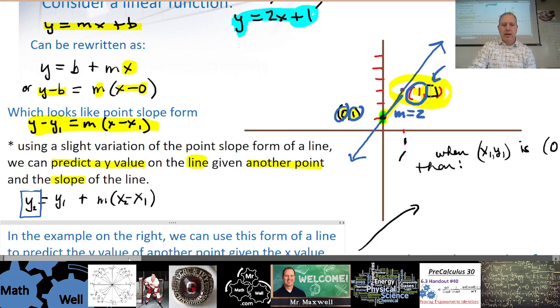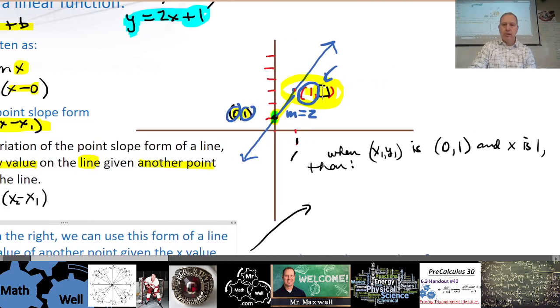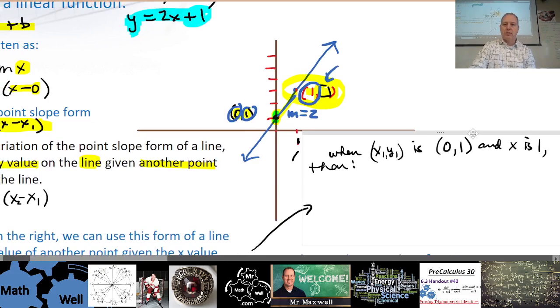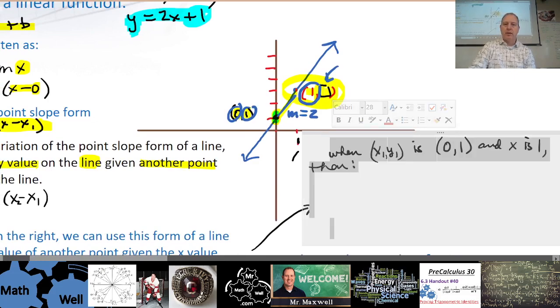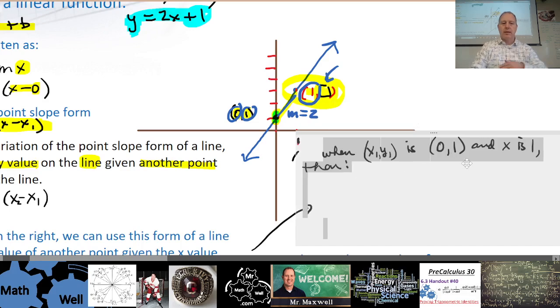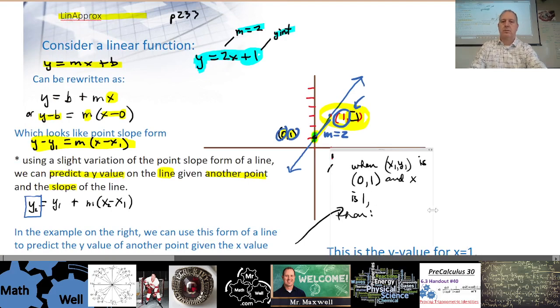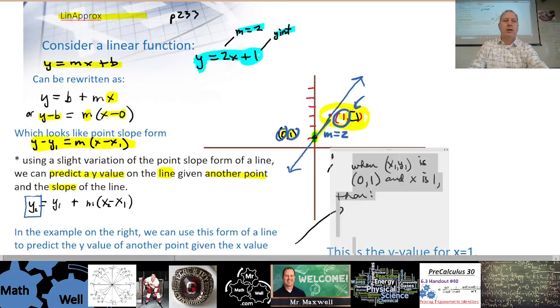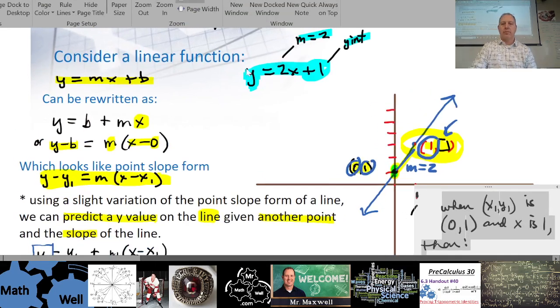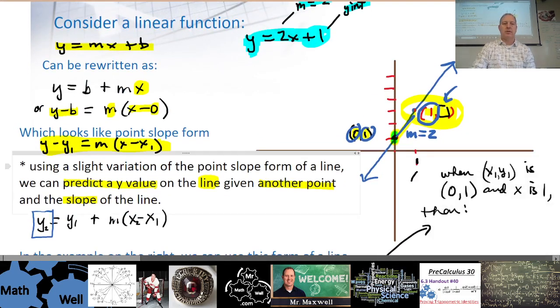Okay? I've got a little note over here. So this is supposed to be shrunk down a little bit. Okay. All right. So if you think about this, x1, y1 is this point that's given, 0, 1.